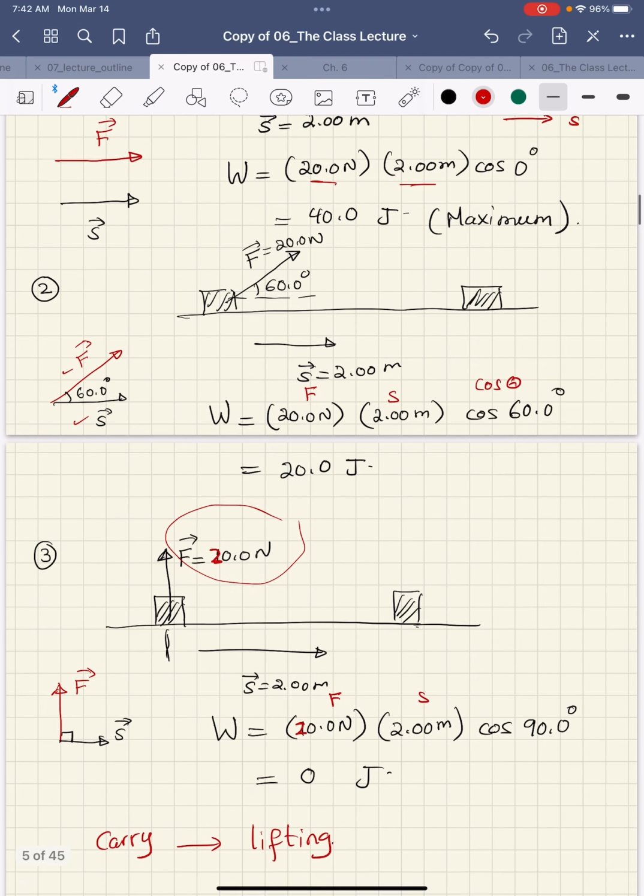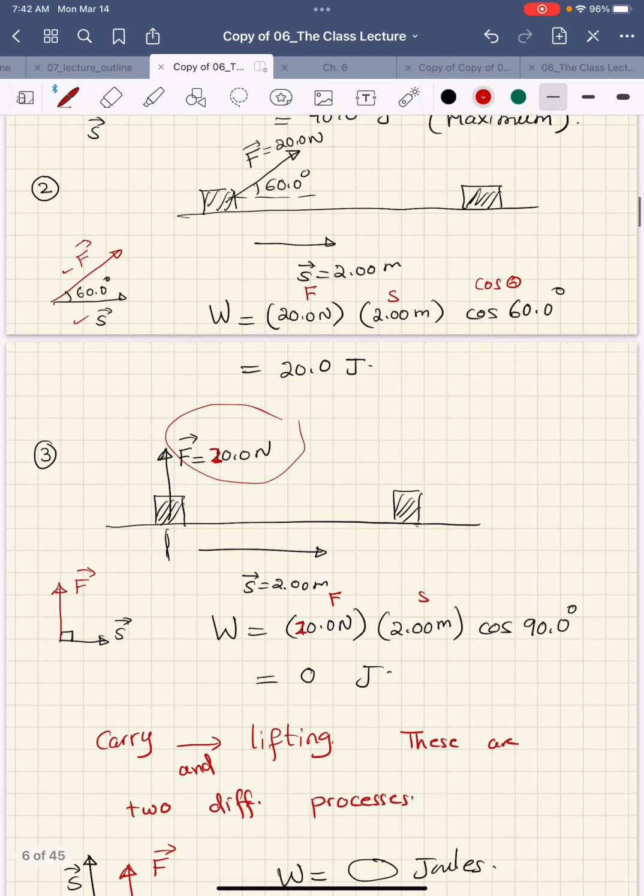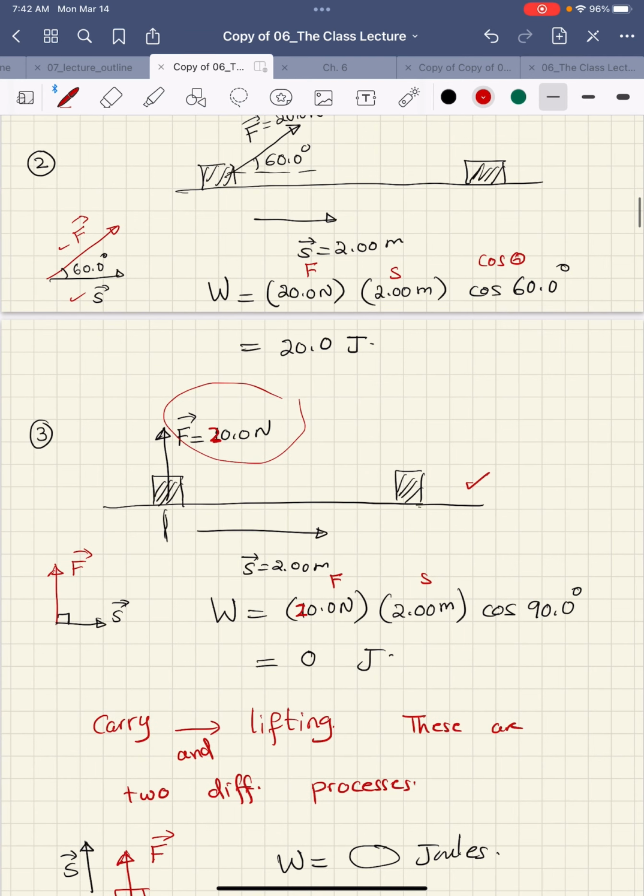Now, there is a difference between carrying an object and lifting. These are two different processes. In this example, I am carrying a box that has a weight of 20 newtons.